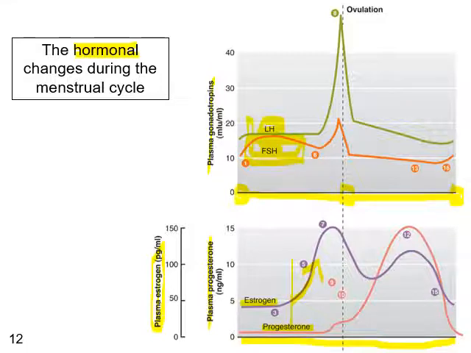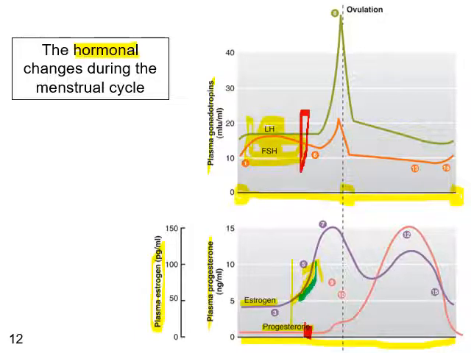The levels of LH and FSH are still low and stable. The level of progesterone is very low. So it is the level of estrogen that is increasing during the second half of the follicular phase.